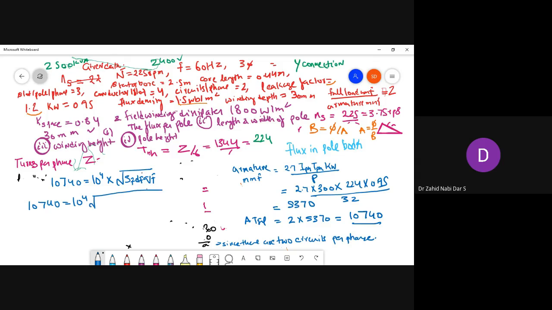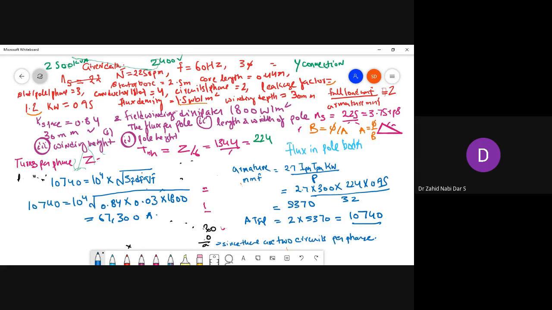The value of SF is given 0.84. Diameter of the bore is also given, 0.3. I think in millimeters we have to convert in meter, 0.03. QF value also given 1800. So while we are substituting, this happens to be around 67300 amps.